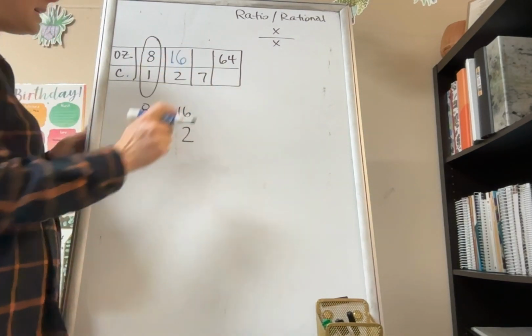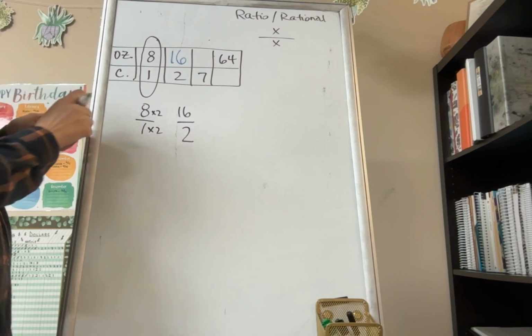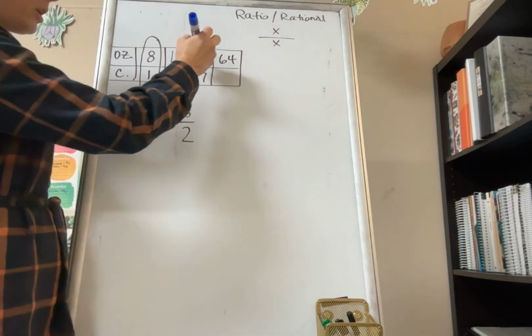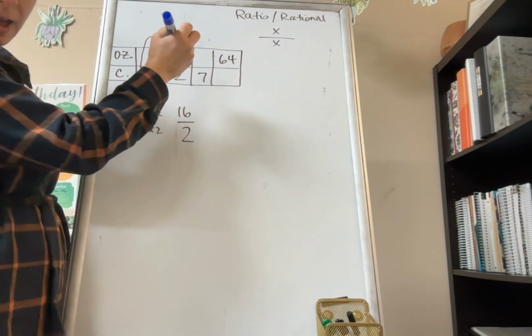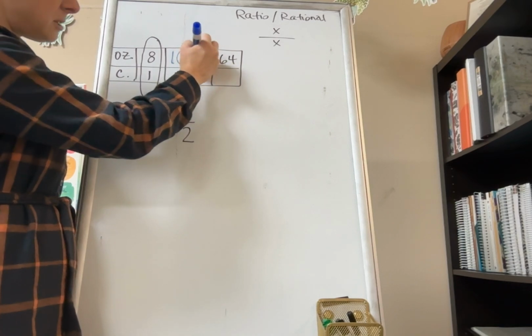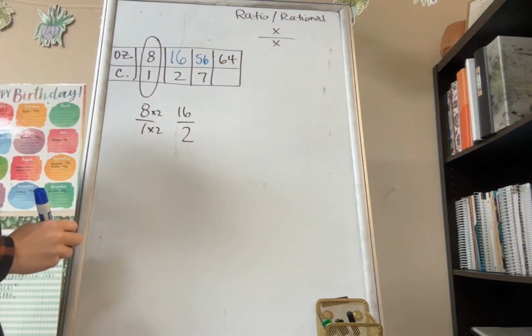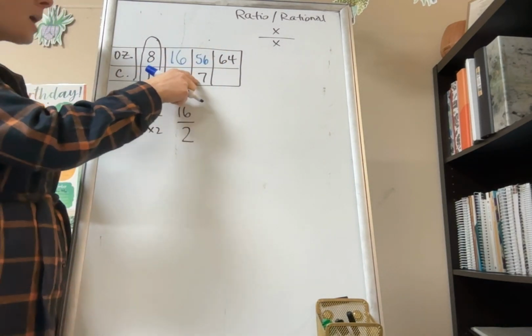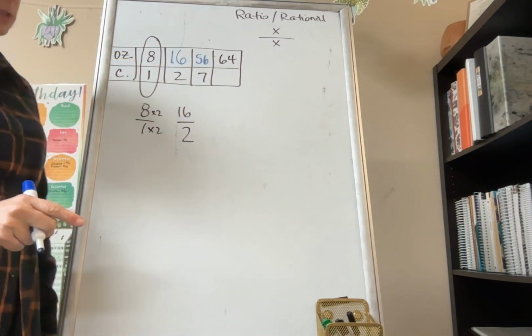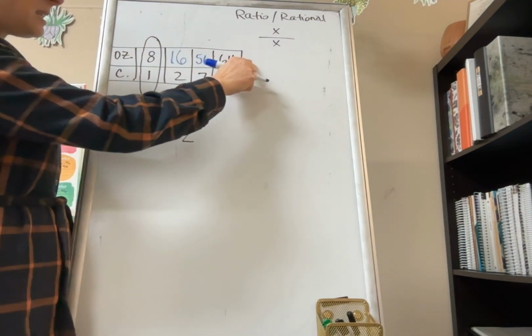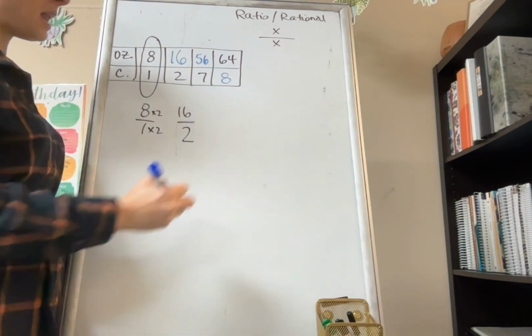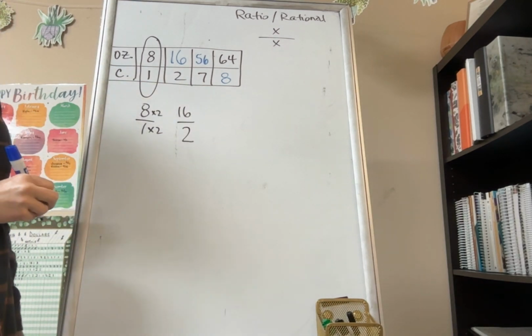I'm going to put 16 here. If I have 7 in the denominator, that means I'm going to have 56 in the numerator, because 7 cups would need 56 ounces. And then if I've got 64 ounces, that must mean I've got 8 cups, right?